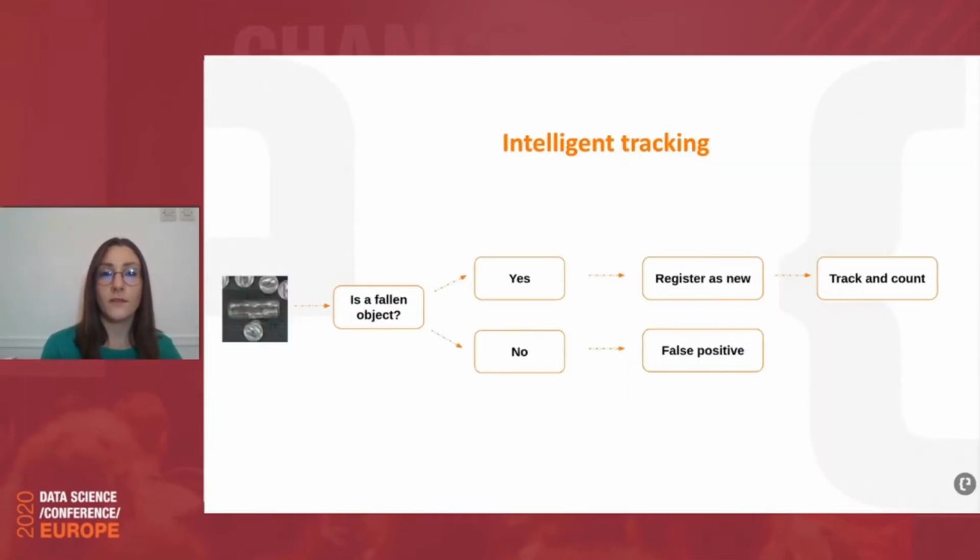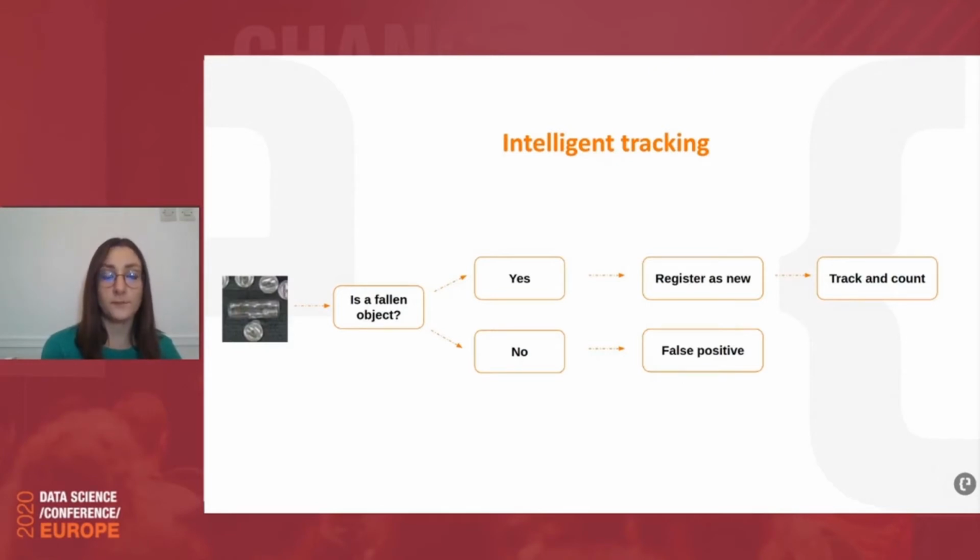With the previously built model, we were able to implement intelligent tracking. For example, for each object that is considered to be a falling object by a basic computer vision approach, we ask our model, is it really a falling object?